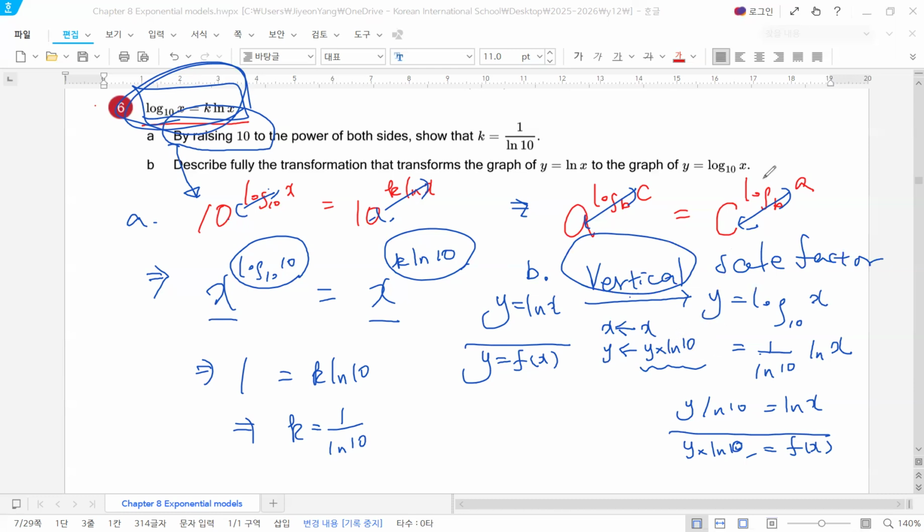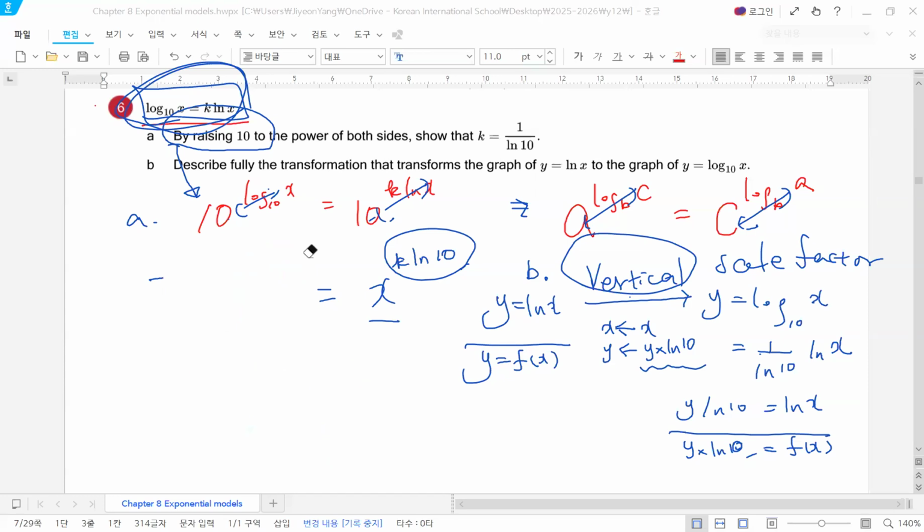Use the reciprocal. I'm going to write it down here again. Even though I don't have much time, please remember the stretch transformation.